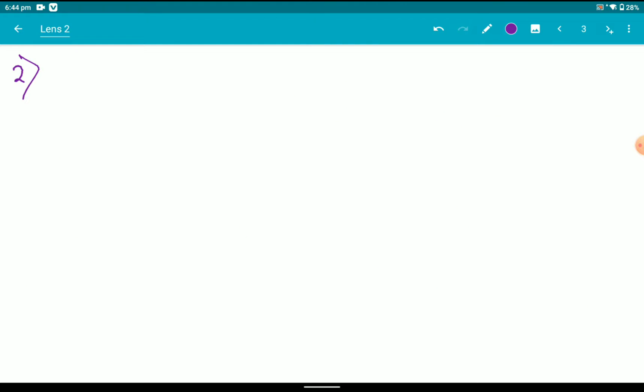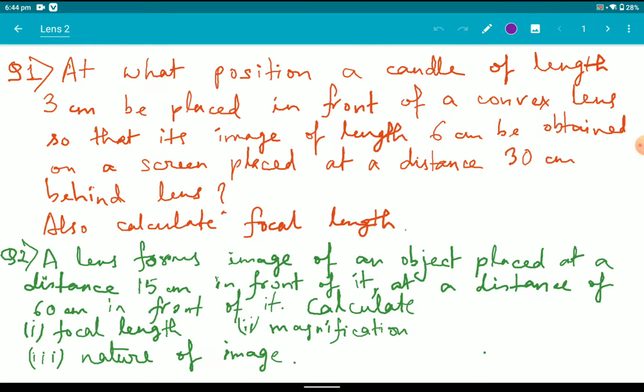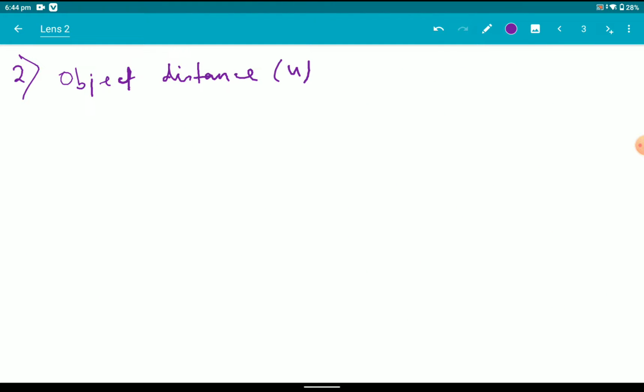Object distance is given by the letter u. So the object distance is given as 15 centimeter.